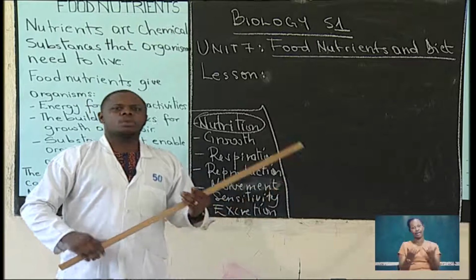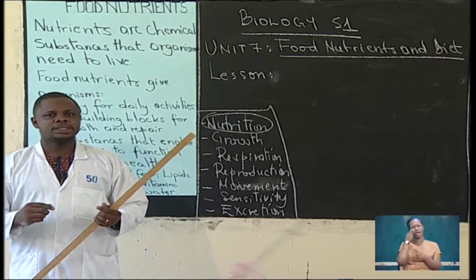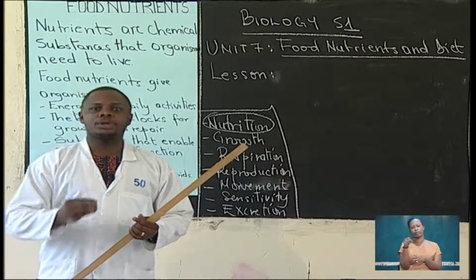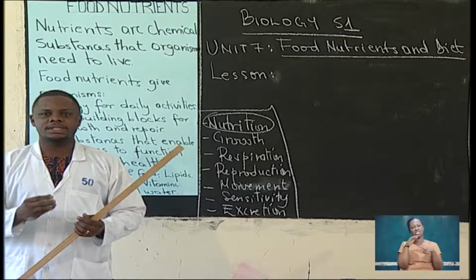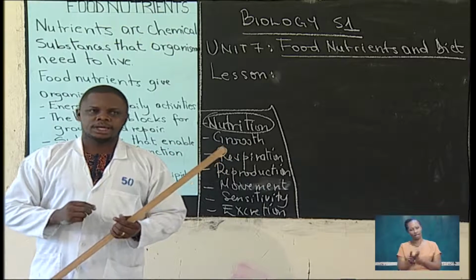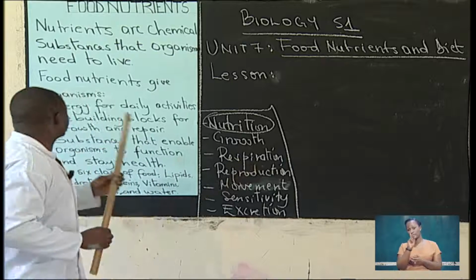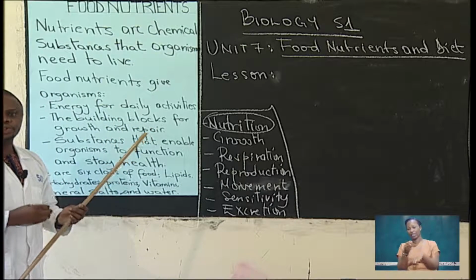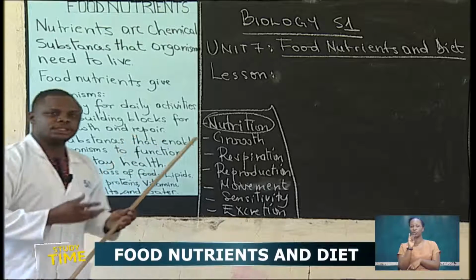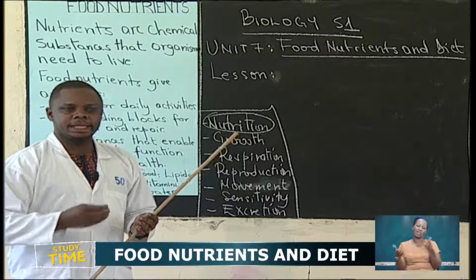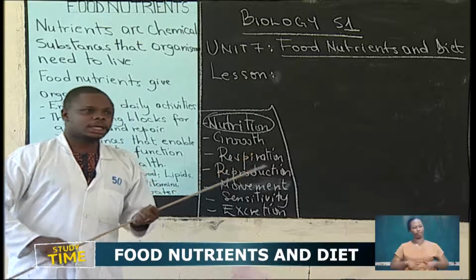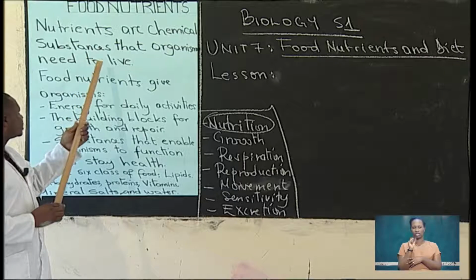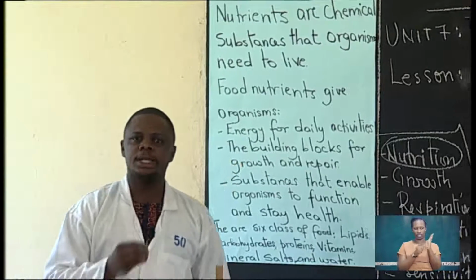Now, what do you understand when people talk about nutrition? Or sometimes we can say feeding. Nutrition means depending on food nutrients or getting food nutrients which are needed by the body. And nutrients are chemical substances that organisms need to live.